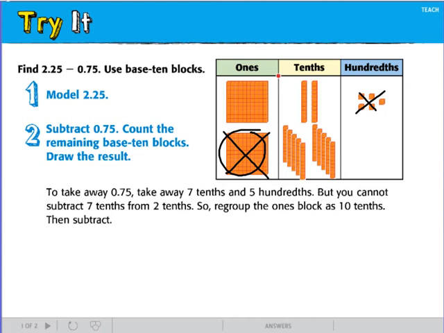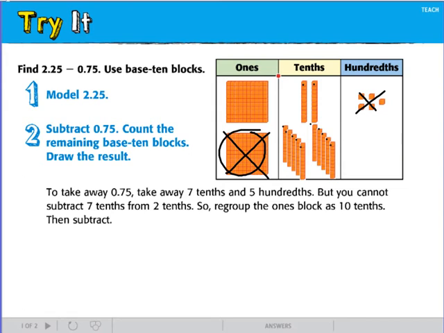Let's count real quick. Make sure that I do have 12. I have 1, 2, 3, 4, 5, 6, 7, 8, 9, 10, 11, 12. So I have exactly what I'm supposed to have. I'm supposed to have 12, right?